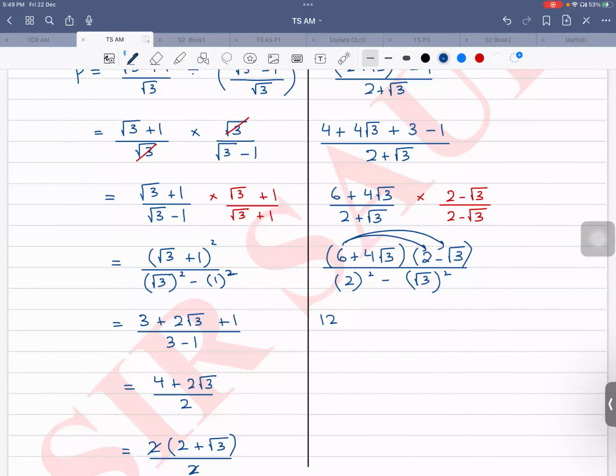12 minus 6 square root 3 plus 8 square root 3 minus 4 times 3 upon 4 minus 3.